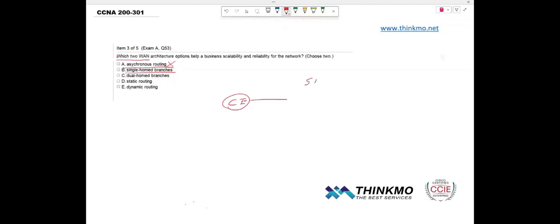On the left is the enterprise network, and on the right is the service provider network. In the case of single-homed access, if this part is disconnected, then there is no reliability. So single-homed access is wrong.